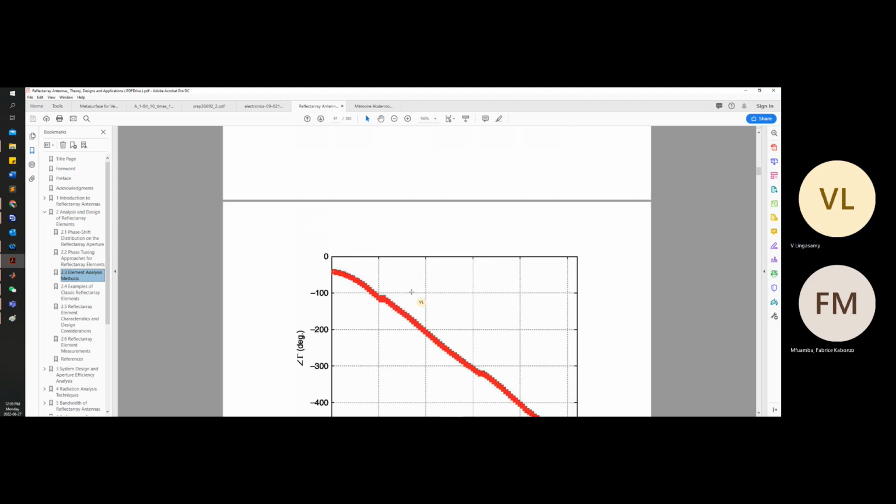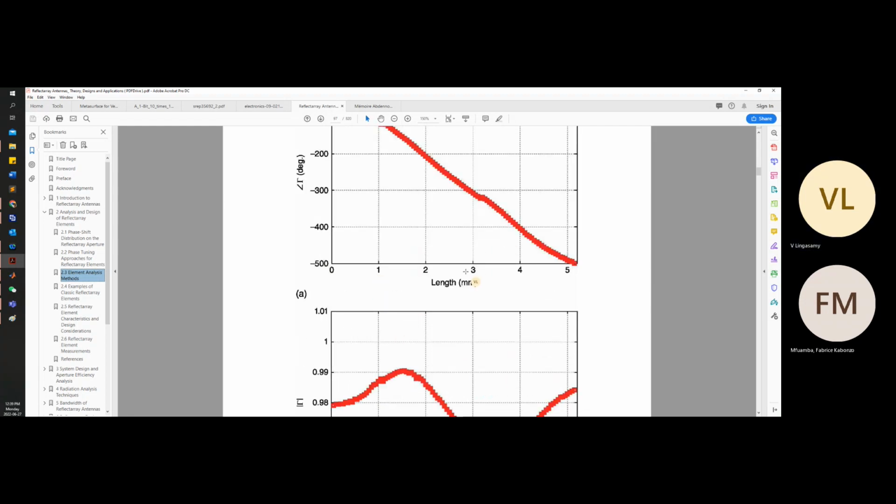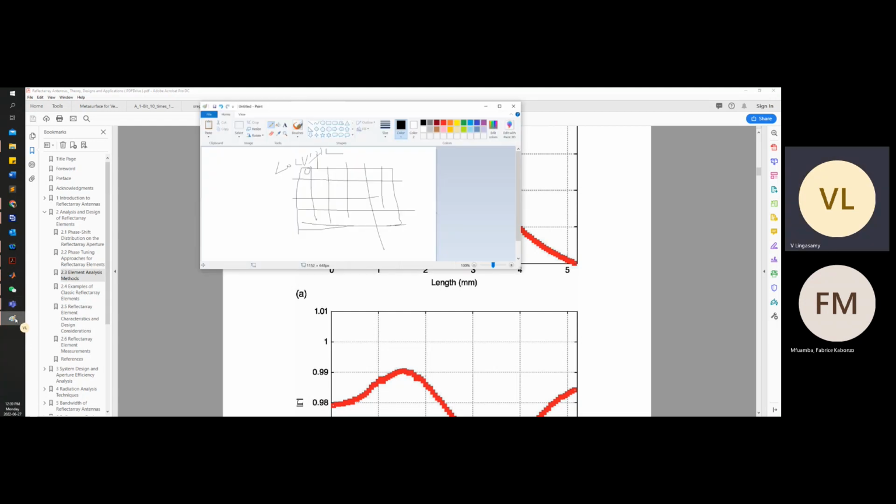Here you can see, this is the element size versus phase.